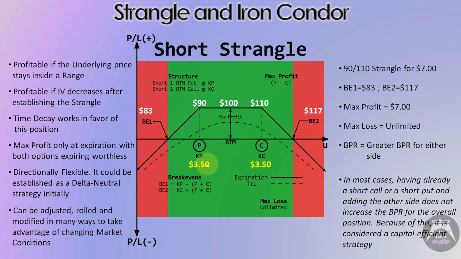Because of this, it's a very flexible strategy, and because of this, it's a strategy that a lot of traders, especially the ones that are just starting to sell options, prefer. This is a staple of premium sellers everywhere.